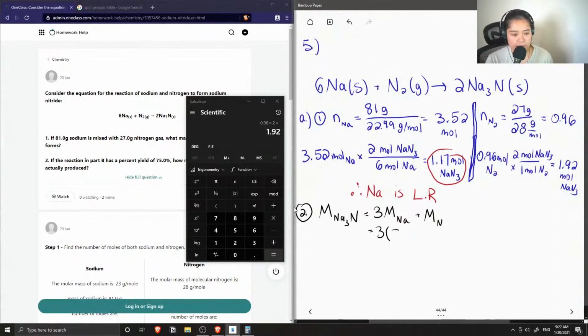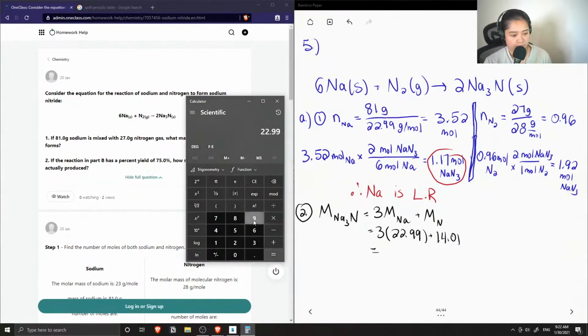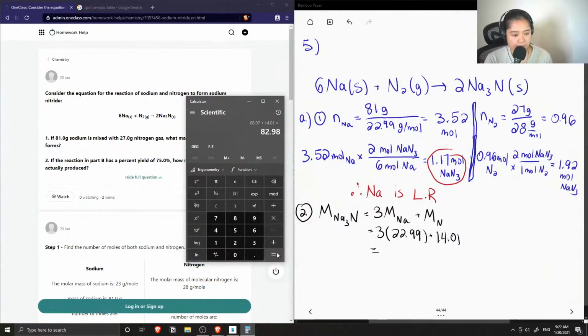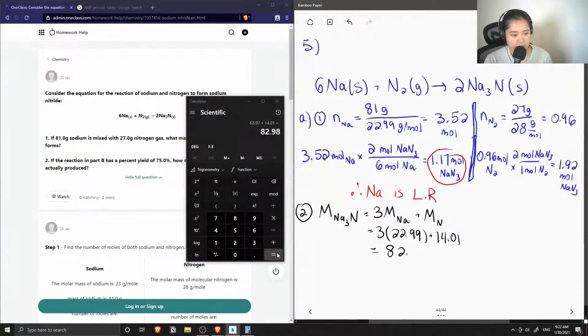So sodium's molar mass is 22.99 and nitrogen's is around 14.01. So if we add these values up, we get a molar mass of around 82.98 grams per mole.